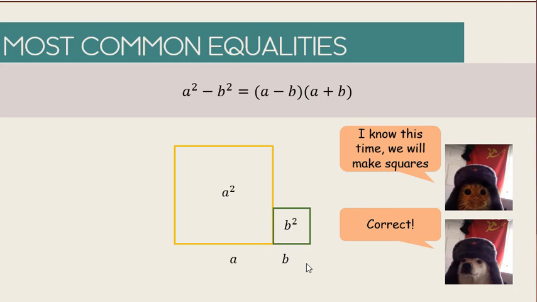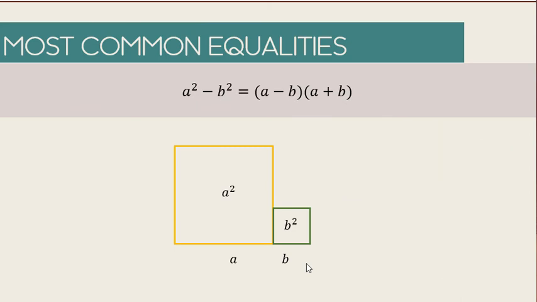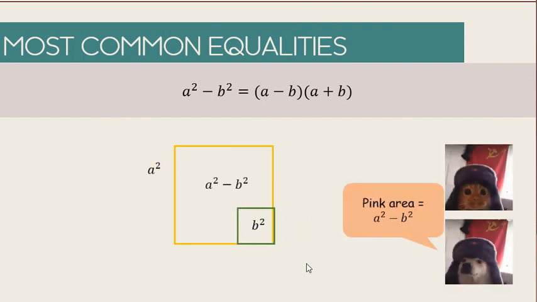If we take the a and b, then we can create the square a squared and b squared. Now we will try to subtract b squared from a squared. Now let's see. Can you see that?